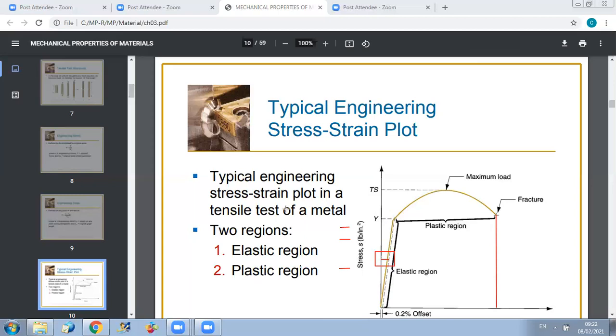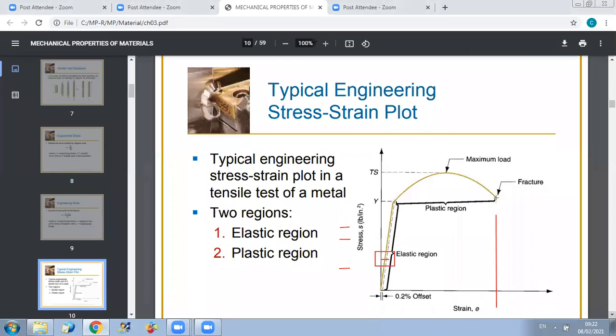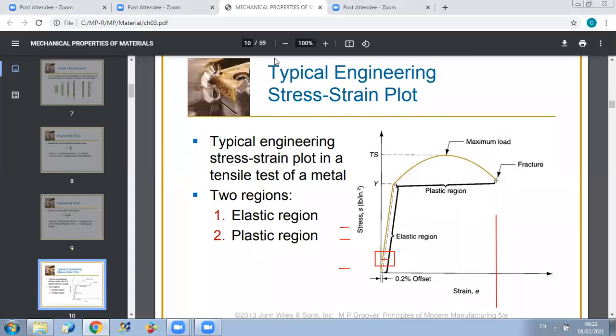So this is epsilon final. Epsilon final is a measure of the elongation of your specimen. So here we have epsilon final. So this is the information we can get from the stress strain graph.